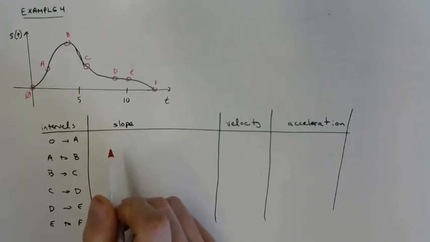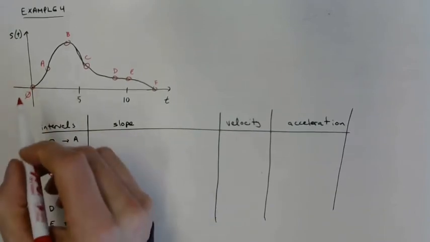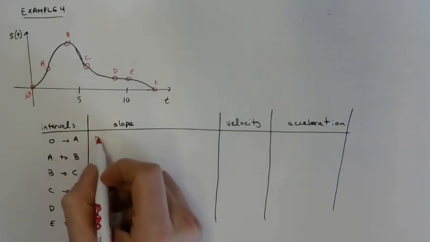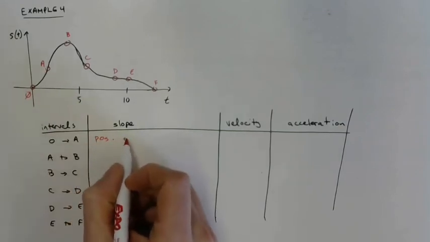It's going to be either positive or negative, and it's going to be either increasing or decreasing. So from 0 to A, positive or negative? Positive and increasing.